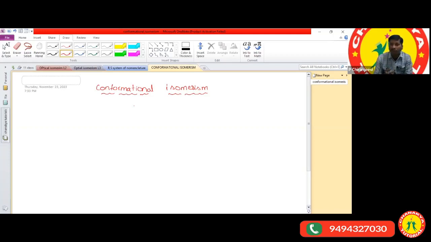The first one is that conformational isomerism is exhibited by the alkanes. Alkanes exhibit conformational isomerism. Why do only alkanes exhibit conformational isomerism?